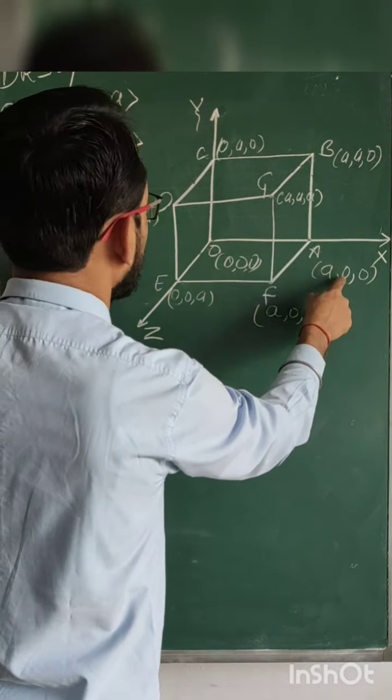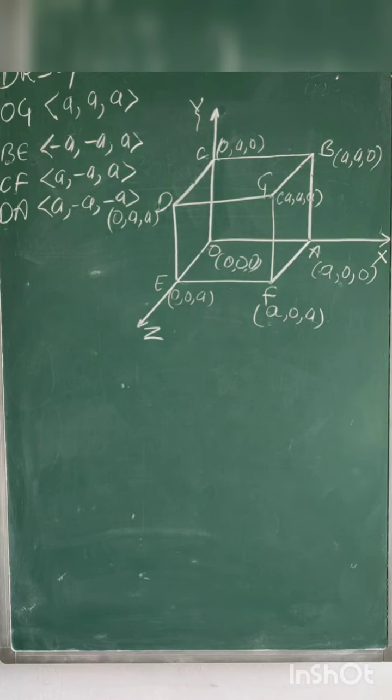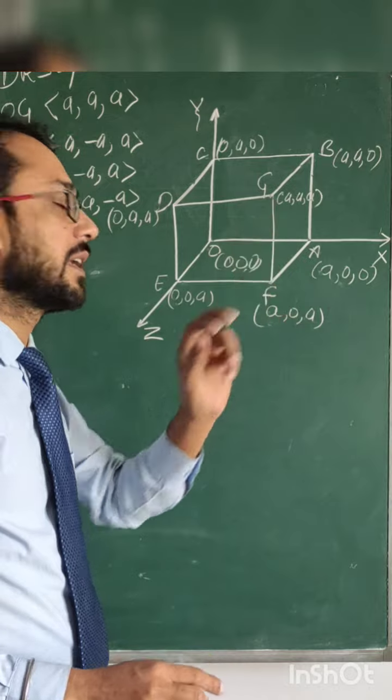We need to find the direction cosines of these four diagonals.